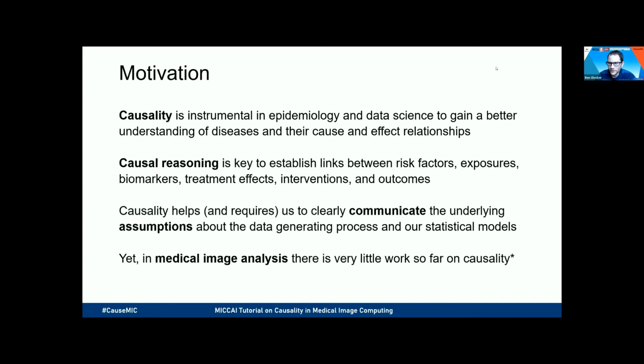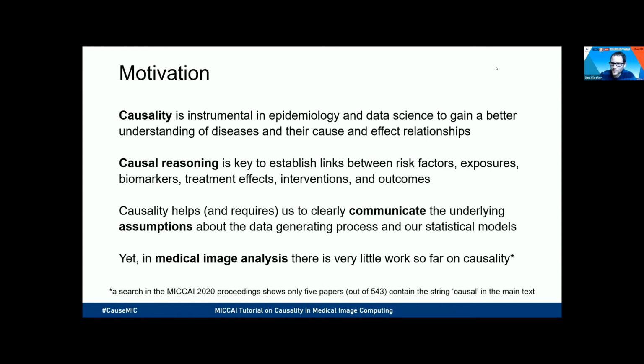Now, what's interesting is that if you look at MICCAI and more general medical image computing and medical image analysis work so far, there isn't really a lot of work that considers causality explicitly. I tried a little exercise yesterday and searched for the string causal in the entire MICCAI 2020 proceedings, and there were only 5 papers out of more than 500 that had the string causal somewhere in the main text.